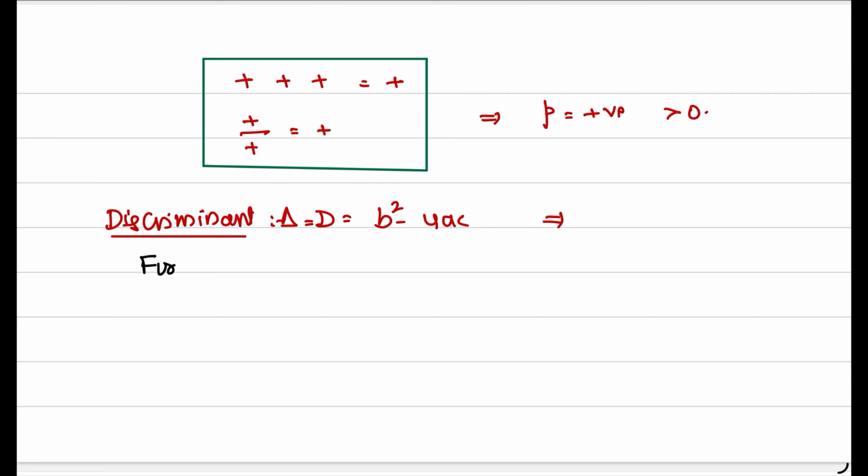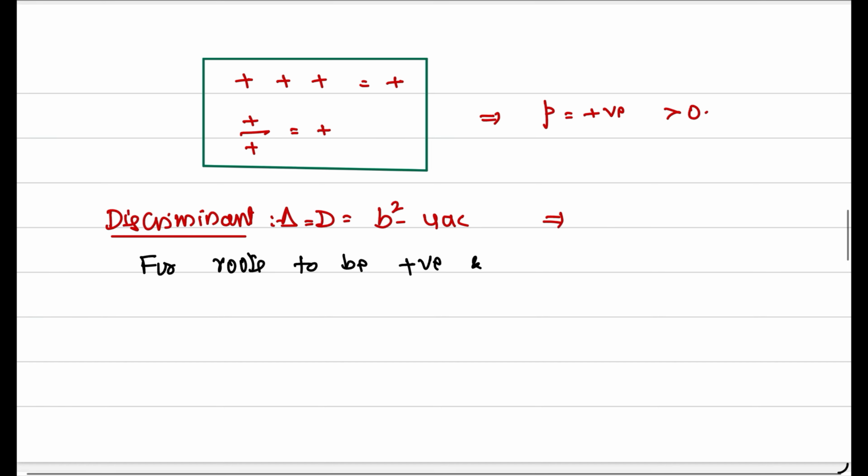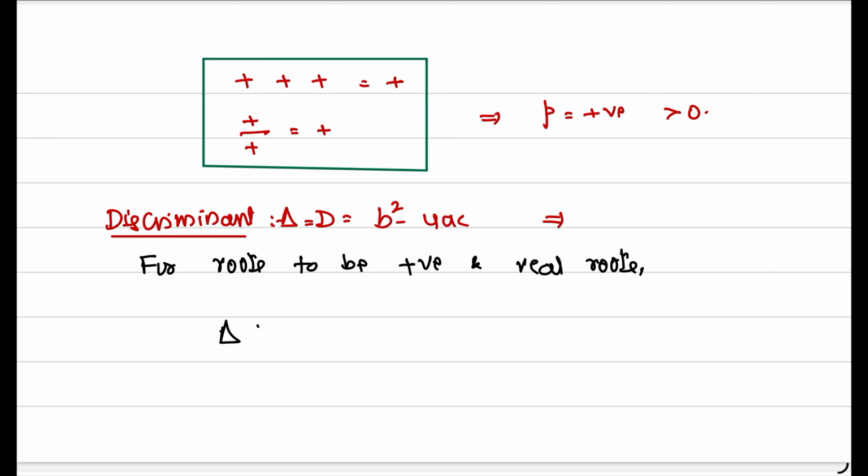Please remember this, for roots to be positive and real, delta should be greater than or equal to 0.